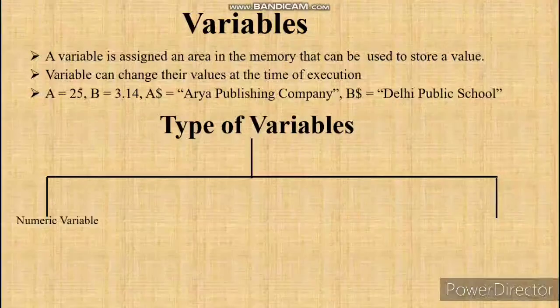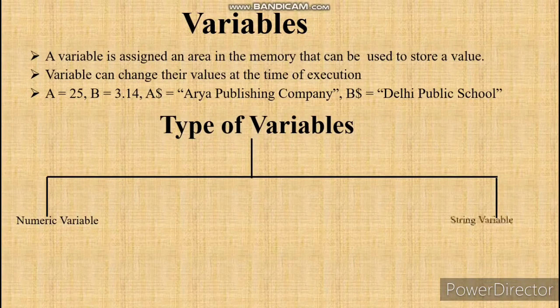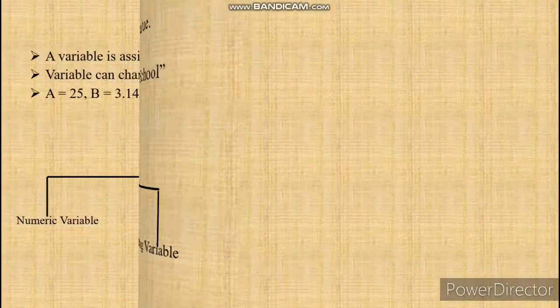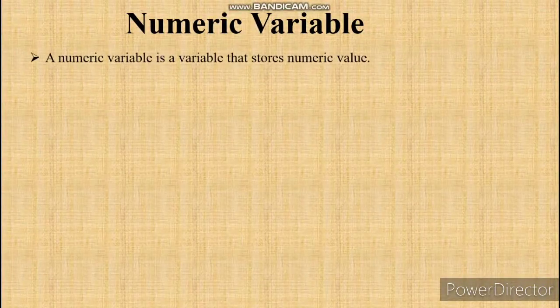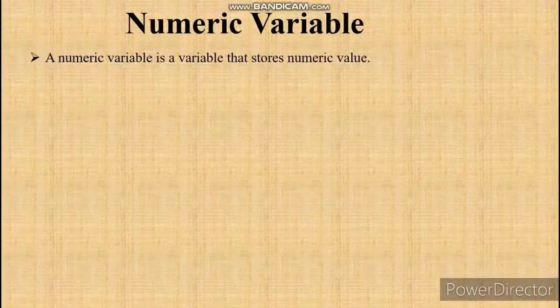Numeric variable and second is string variable. Let's see one by one. Numeric variable. What is numeric variable? A numeric variable is a variable that stores numeric value, meaning numbers.